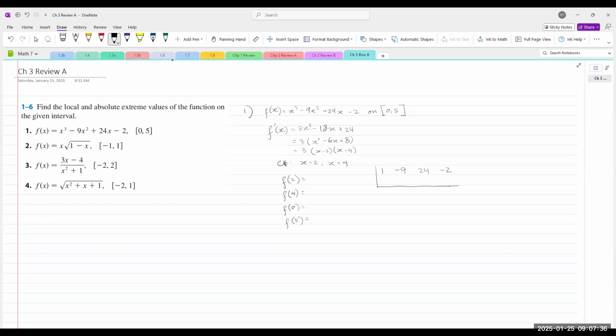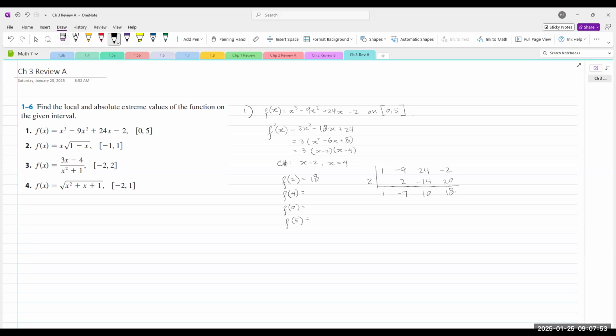Okay, do I miss anything? 1x cubed, negative 9x squared, positive 24x minus 2. Okay, at 2, that will be 1, 2, negative 7, negative 14. You see, I do this without a calculator. So this is 18. Okay, this is 18.